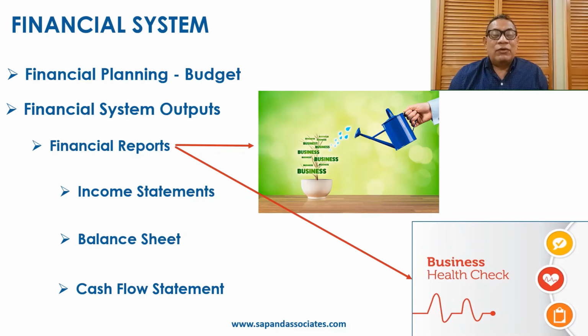The three reports combined with each other tell you about profit, about position, and about cash flows. And when you combine those three, it allows you to see your business growth, see your business health, and take decisions based on what you're seeing there.